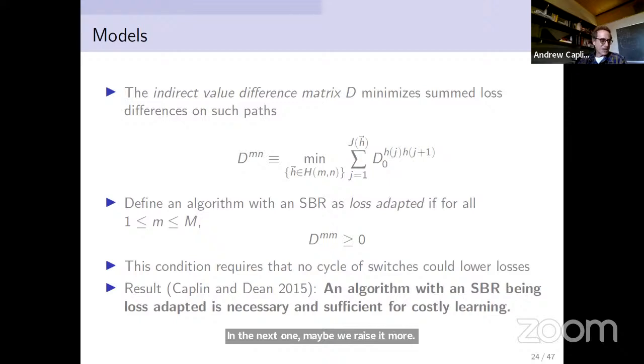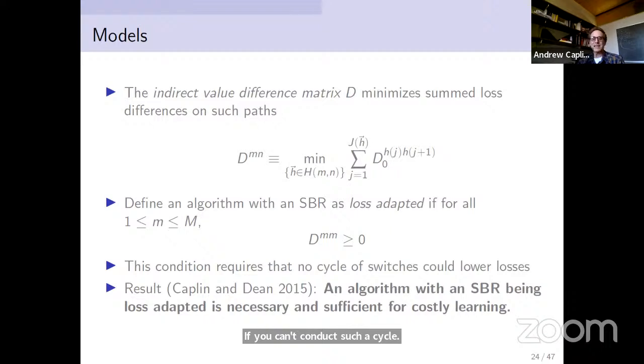So we're going to take the sum of all the changes across the path and say the algorithm is loss adapted if you can't conduct such a cycle and lower losses in a cycle.